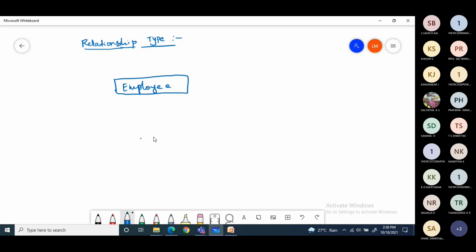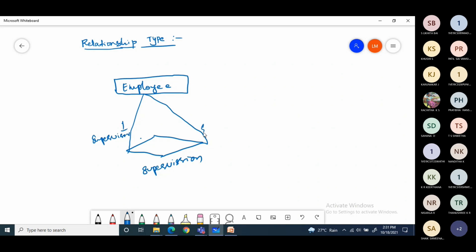Now supervision is a relationship type, which is generated like this. There is one supervisor, right? And there are n number of supervisees, 1 is to n, and this is supervise.